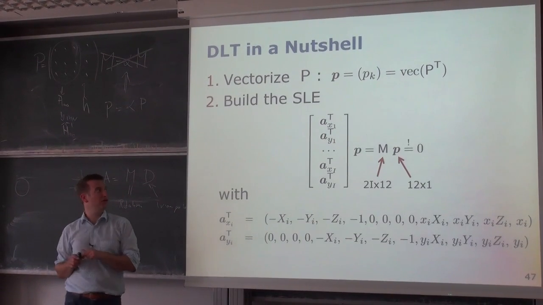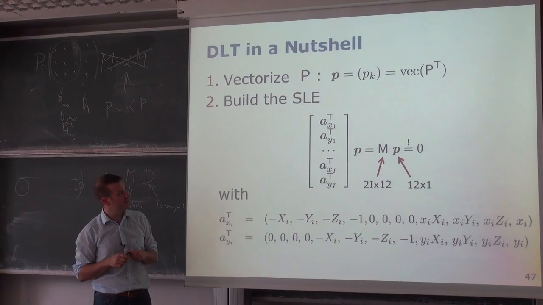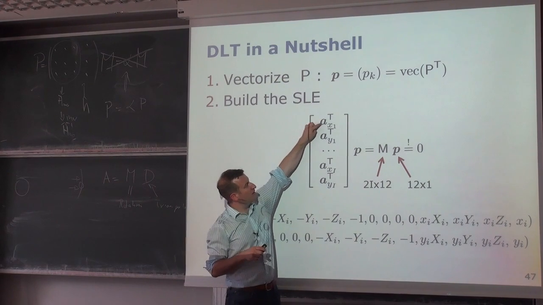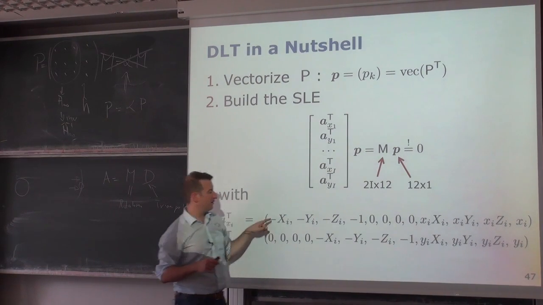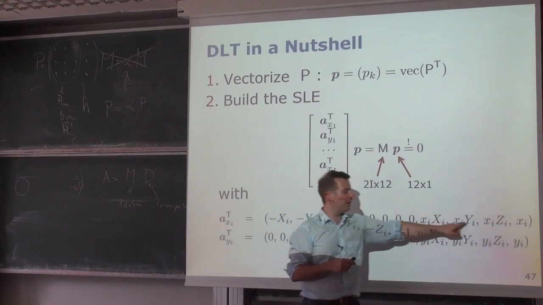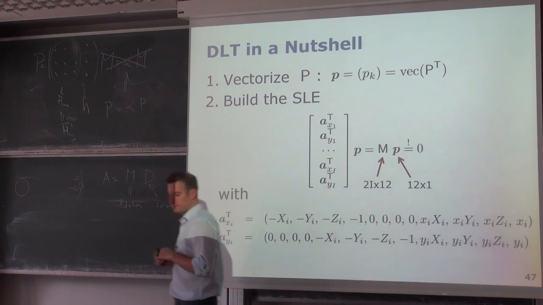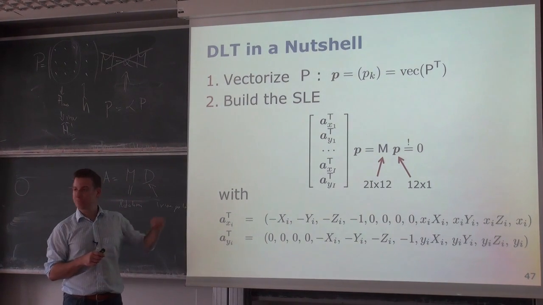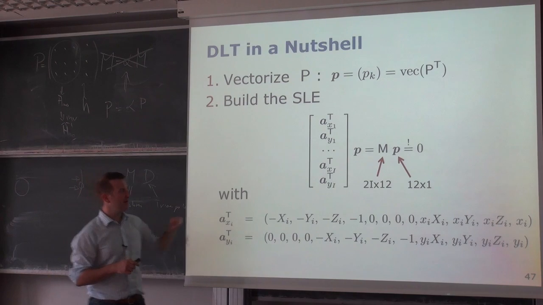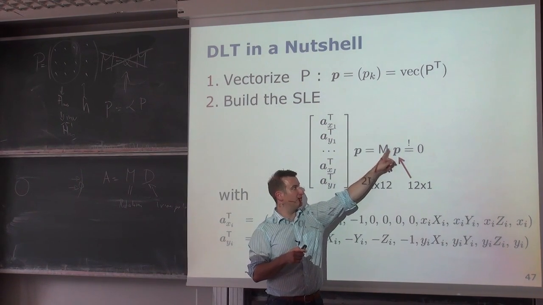The next thing you need to do, you need to build your SLE, system of linear equations, of this matrix using these vectors A, which consists of the x, y, z coordinates of every point, and where the x and y coordinates of this point are mapped to in the image plane. To set that up, and this gives you your matrix M, for which P M should hold.